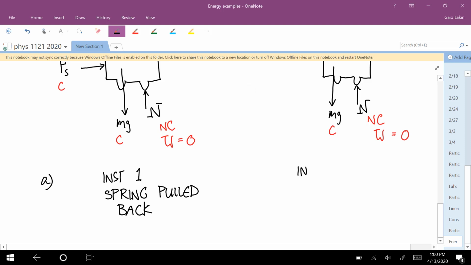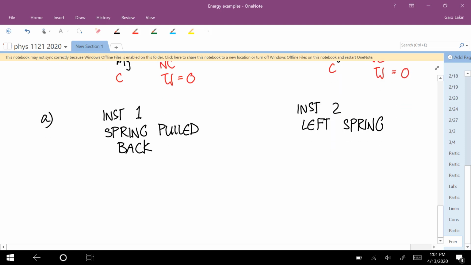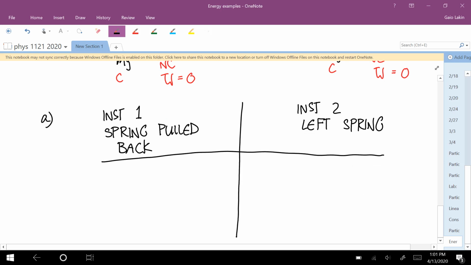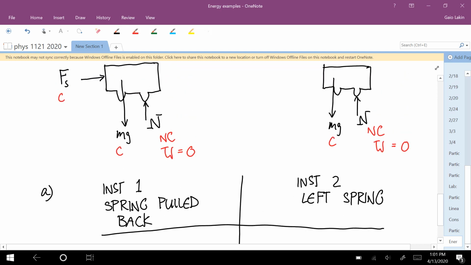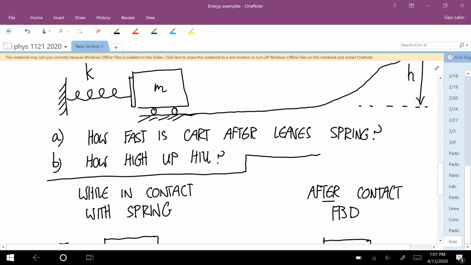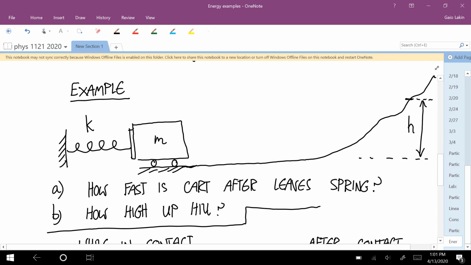And our instant two is going to be right when it leaves the spring. And again, we're going to just set up this table, calculate the potential and kinetic energy at each of these instants. There's one thing that I left off in this drawing that we're going to need to know.